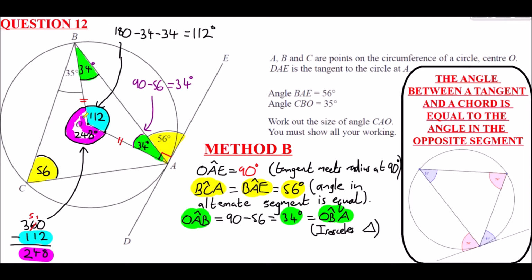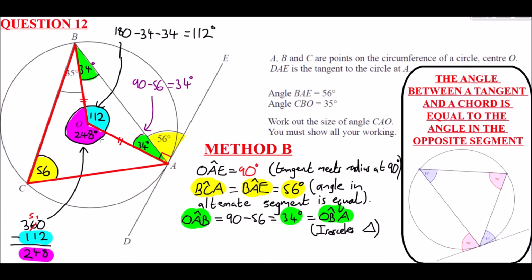Now what we can do is focus in, if we wanted, on the shape BCAO. So if I just get this and label it with a different colour, just to make it clear, I'm going to go from B to O, O to A, to C, and then C to B. Now it looks like an arrow maybe, but ultimately this is a four-sided shape.